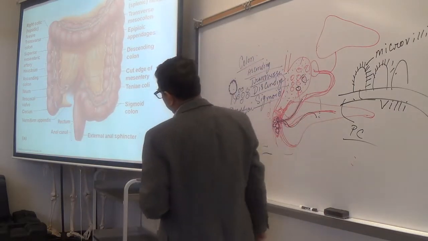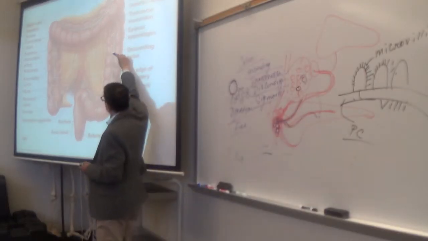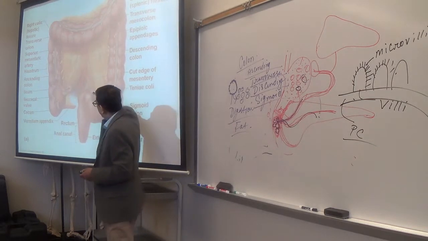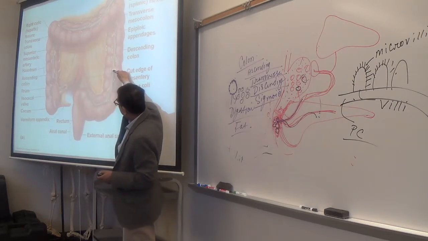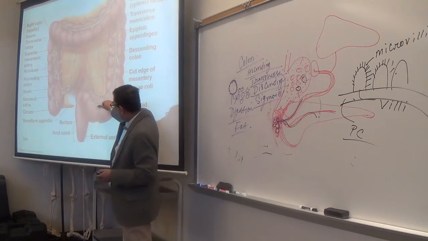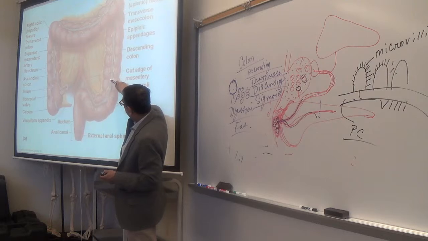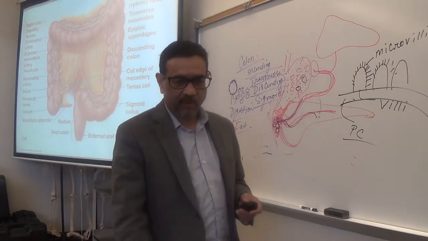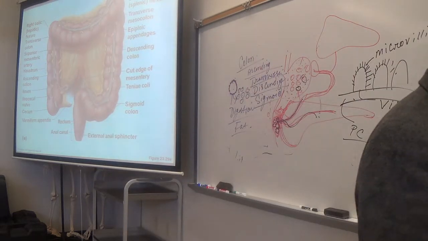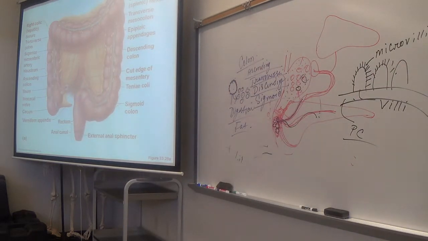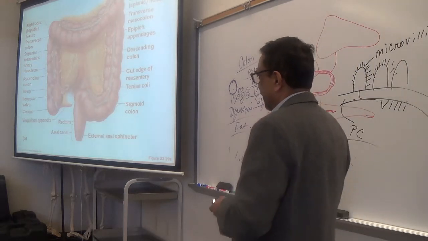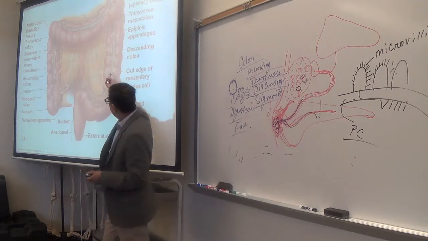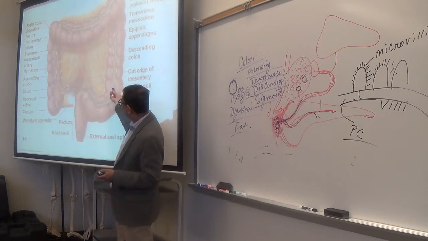And another structure, you see, a band of muscle is attached to the wall of the large intestine. That is called tinea coli. You need to know all these things. Haustra are those sacs, and tinea coli is a band of concentrated muscle fibers attached to the large intestine.